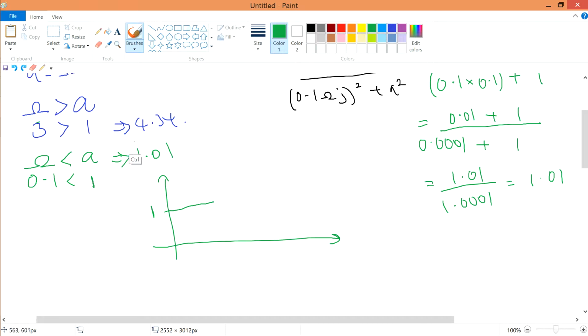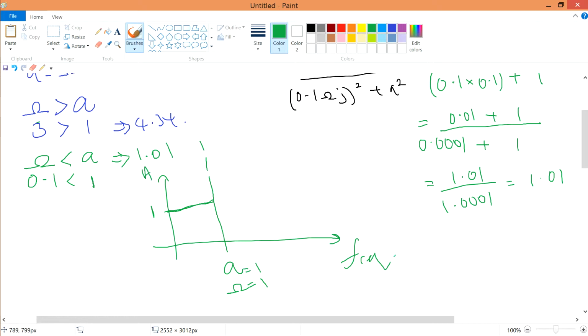So in this case, at low frequency, it's 1 all the way throughout until you reach your cutoff frequency, which is a, equal to 1 in this case. When omega is equal to 1, your frequency is equal to 1. This whole axis is frequency, so to speak, and this one is amplitude.